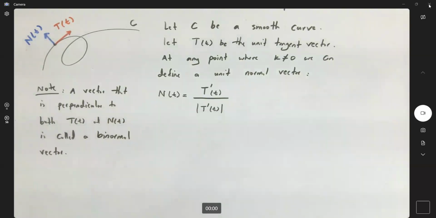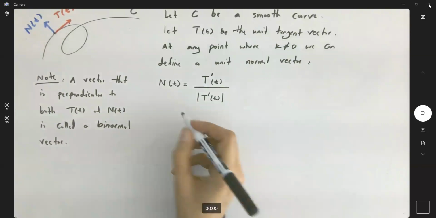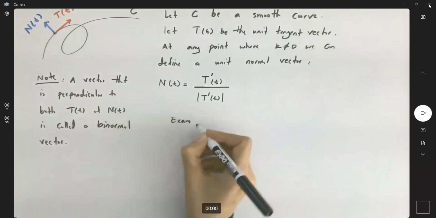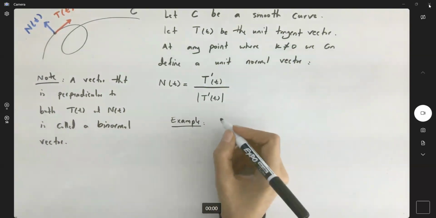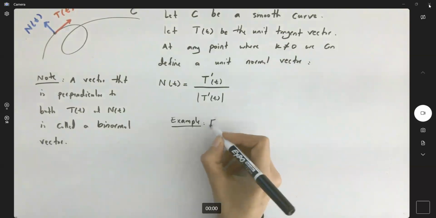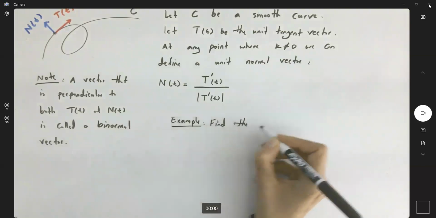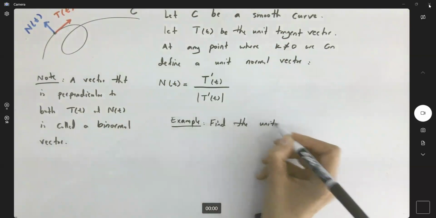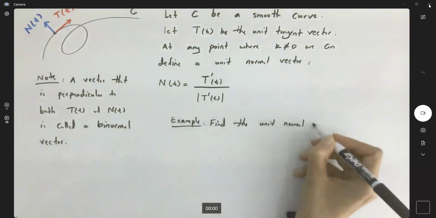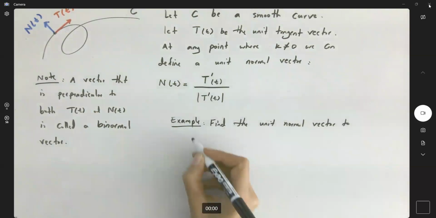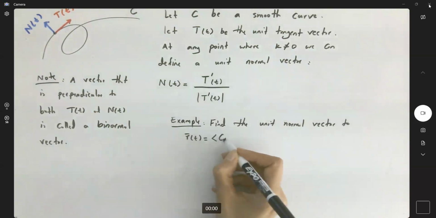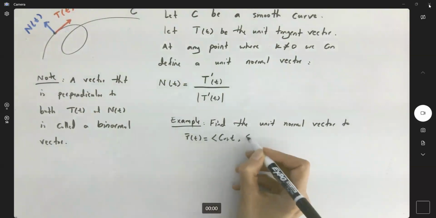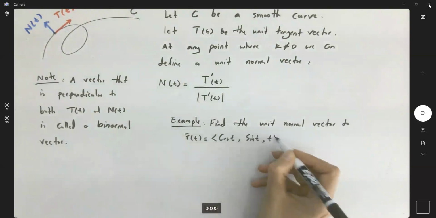Let's take a look at the following example. In this example, I ask you, find the unit normal vector to the following helix, the helix r of t, which is given to us as cosine t, sine t, and t.